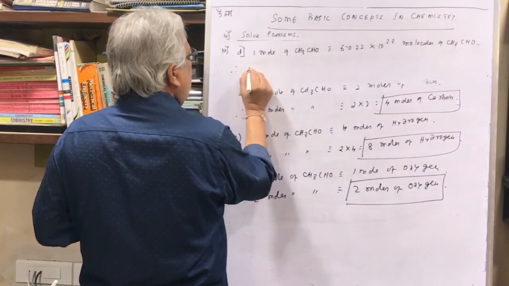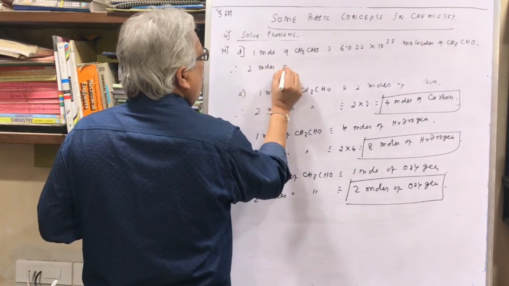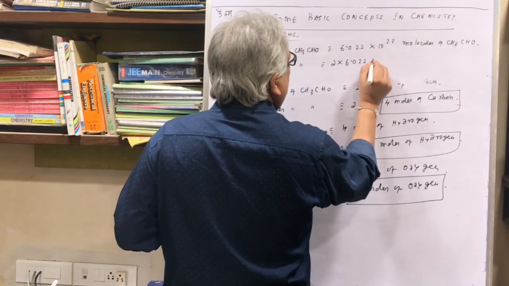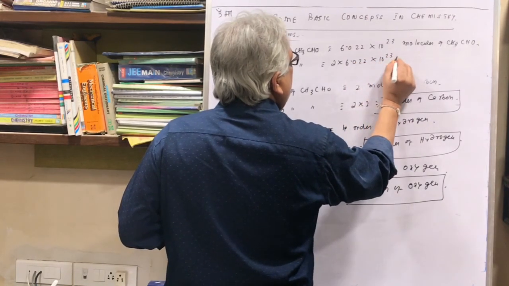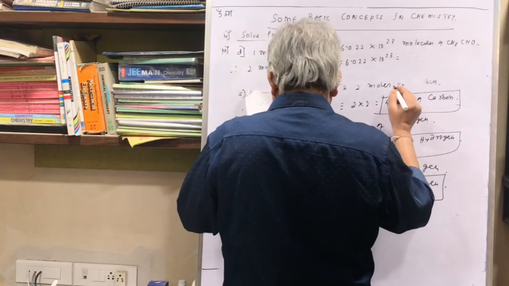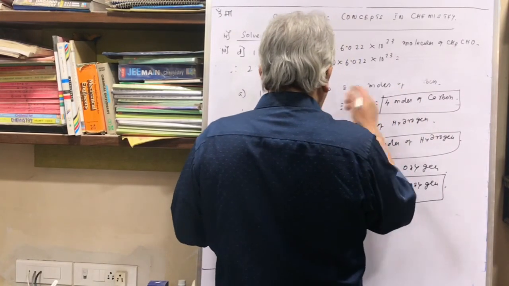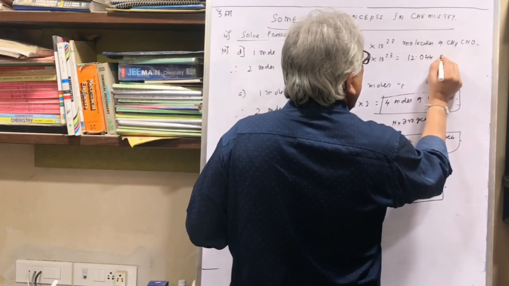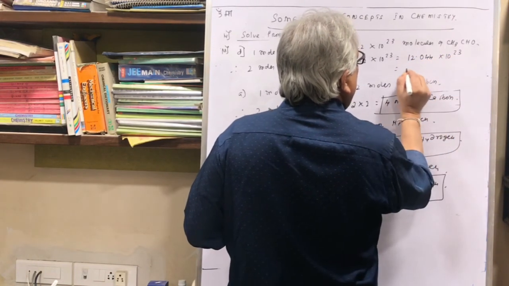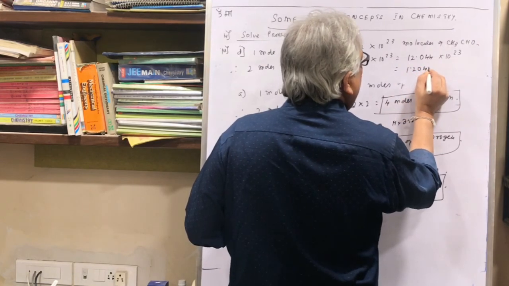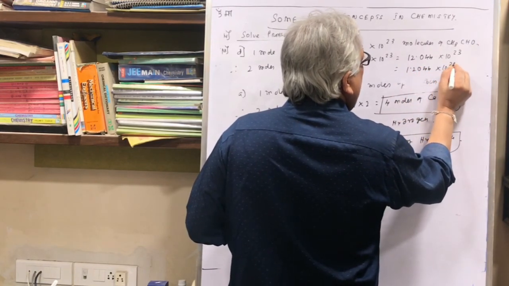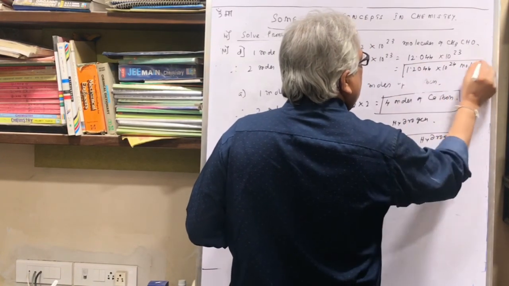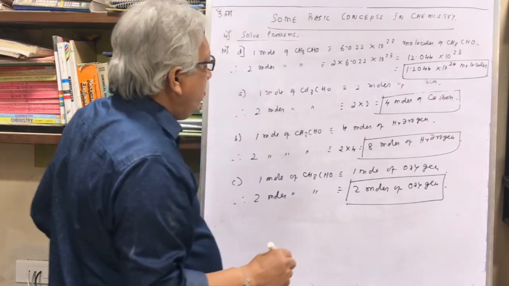So, therefore, 2 moles of CH3CHO correspond to 2 into 6.022 into 10 raised to 23, which is equal to 12.044 into 10 raised to 23, which is equal to 1.2044 into 10 raised to 24 molecules of acetaldehyde. So, that is all about problem M.